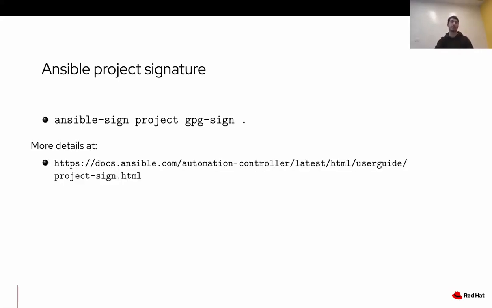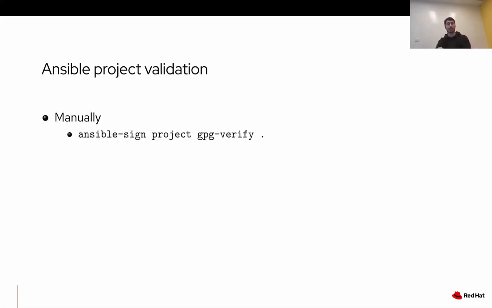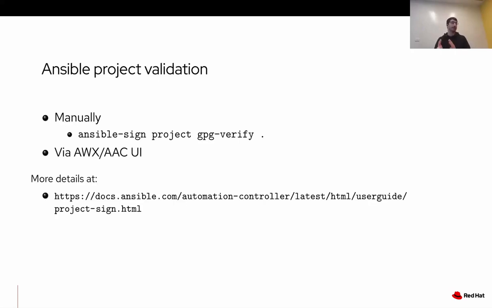So we can sign it. There is documentation, and we can also validate it. We can validate it manually with ansible-sign project gpg-verify. So this is exactly the same as before, but we can also do it on the AWX or Ansible Automation Controller UI, and there is documentation for that as well.